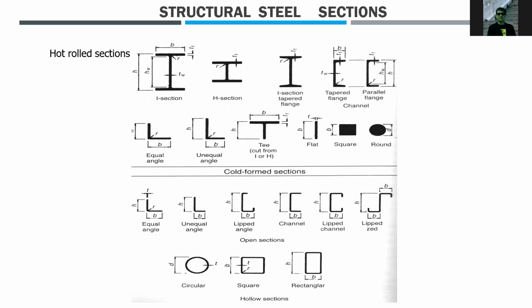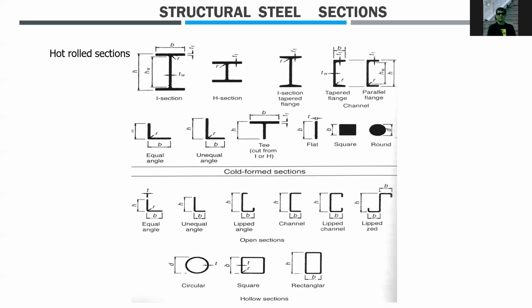In cold form, we also have the equal angle, unequal angle, and the lip angle. So the lip angle is the one that is only from cold form. The channel, we also have that, almost the same as the parallel flange. The lip channel is unique to the cold form. The lip Z, we have also circular, square, and rectangular. So that is the cold form section.